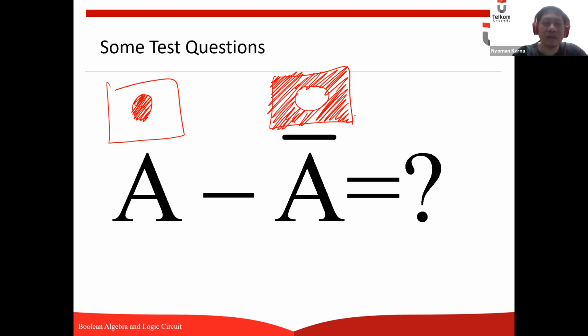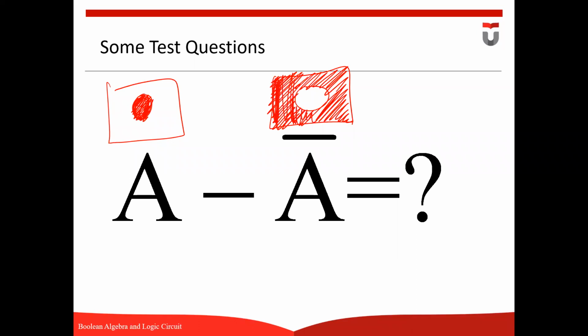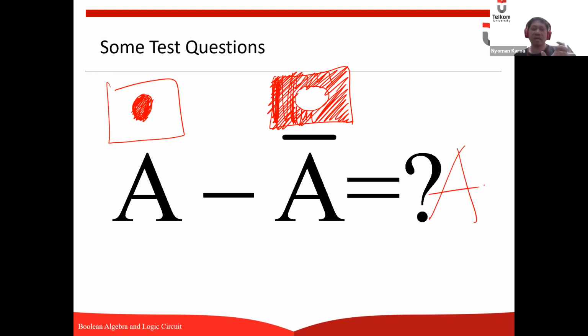So what is the set that is a member of A in here, but not a member of this one? A. Very good. Because A minus outside A is A itself.